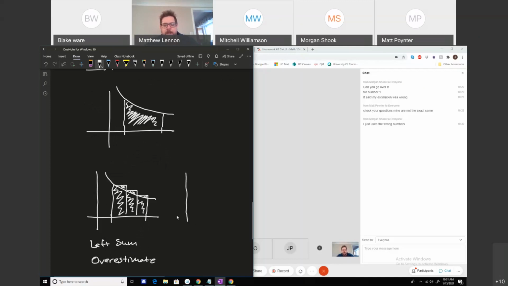Whereas if you did a right-hand sum picture here, from here to here, let's say, you'd be undershooting it because your rectangles always are parallel to the x-axis, right? So you've got little gaps that are missing. So the right sum would be an underestimate here.